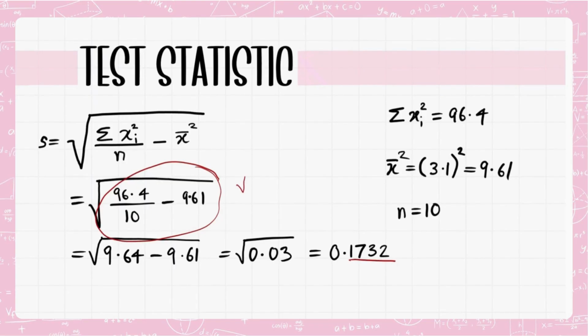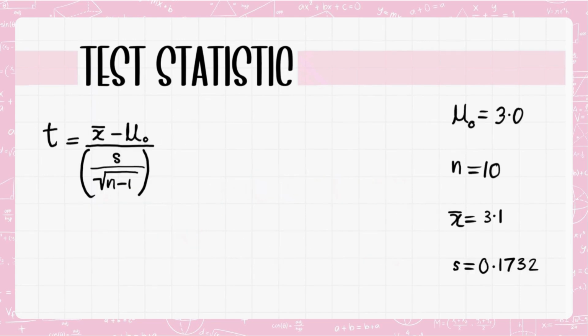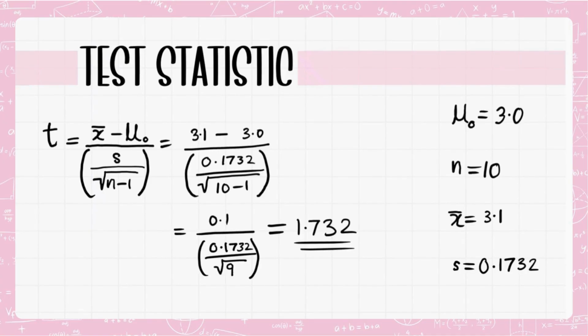So you can write this as open bracket 96.4 divided by 10 close bracket minus 9.61. So if you do this in your scientific calculator, you'll get your final answer directly. So now that we have S, we can apply it to our T formula.